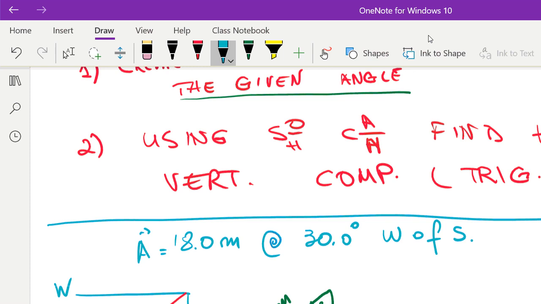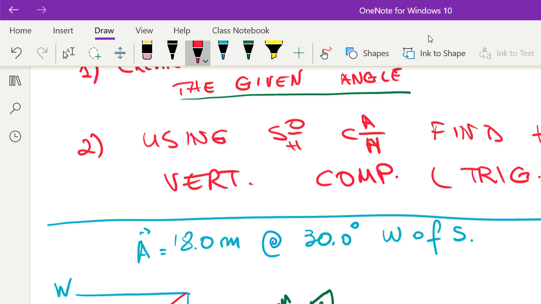So this is the vertical component, and this one here is the horizontal component. Why are those? Because this is along the vertical, up and down, and this is along the horizontal, left to right. And we have a right angle here.